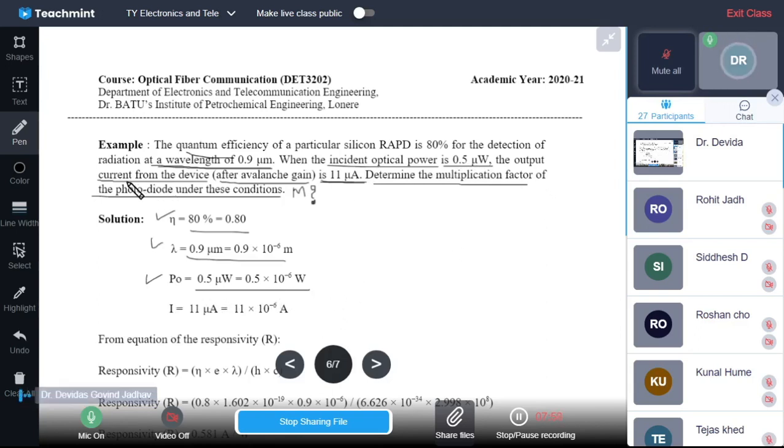The output current from the device after avalanche gain is 11 microampere, that is I. IP is not given, I is given. IP is the photo current generated and I is the output current of the photo device after avalanche multiplication.